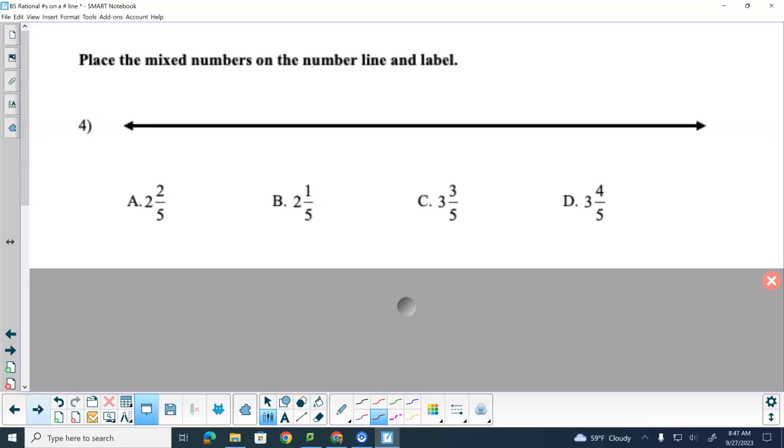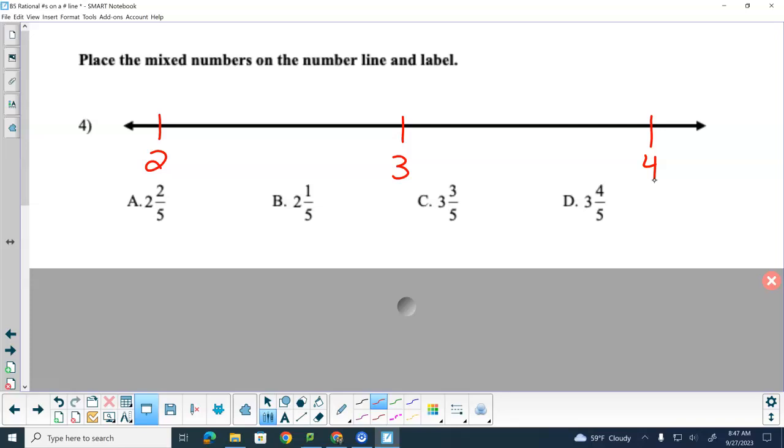Next one's in between 3 and 4. Next one's in between 3 and 4 also. So I've got to put 3 numbers on my number line. Make sense, everyone?